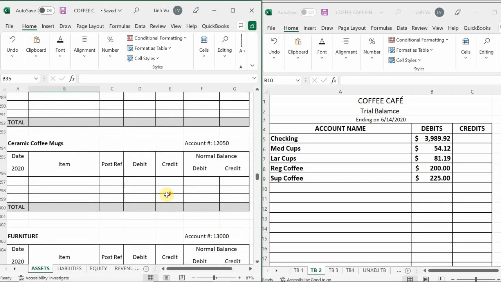Did we buy ceramic coffee mugs? We ordered, but we haven't received it yet. We have? Yes, we have. Why is it not here?